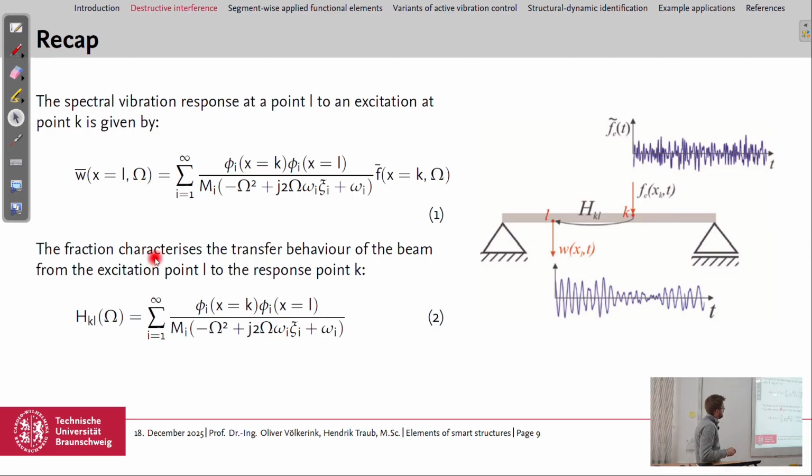And the sum of fractions here we called transfer function or transfer behavior of the beam, so transfer between point K and L. If we excite this structure here with the external excitation, a broadband spectrum again, then we can use this fraction H_KL to calculate how the structure behaves at point L, how the vibration is there.